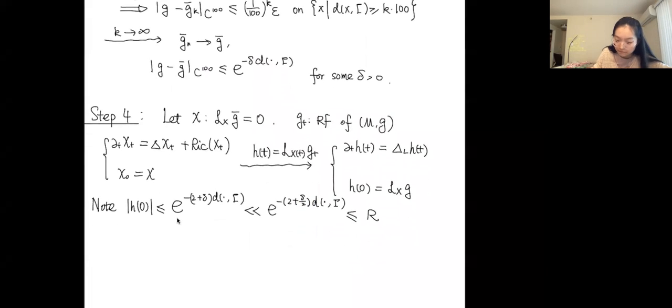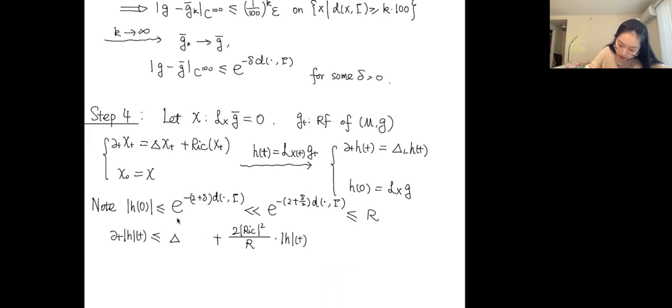Okay, and now the reason why we want to compare the initial condition of h with the scalar curvature is that we want to use the scalar curvature as a barrier function to control the evolution of the norm of h, and that is because h_t satisfies the following inequality. So we can check that the following is true by using some curvature estimate in dimension 3. We can show this.